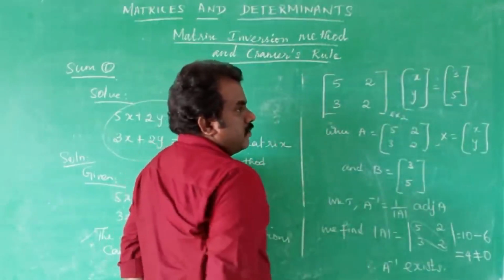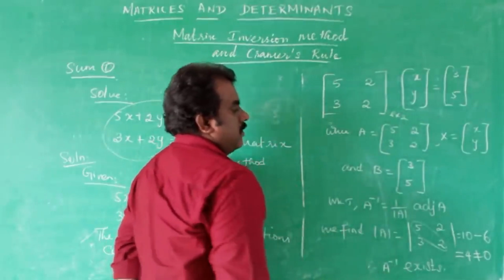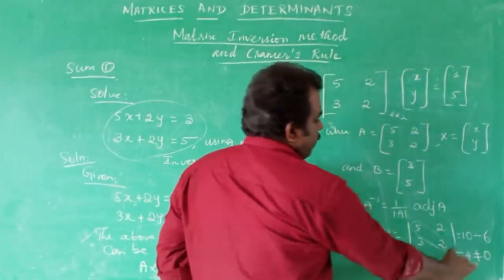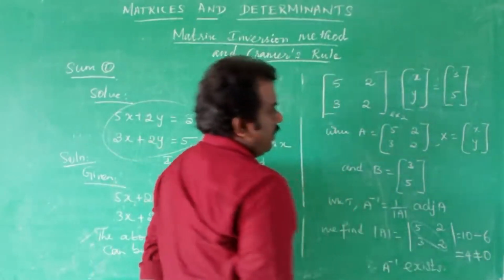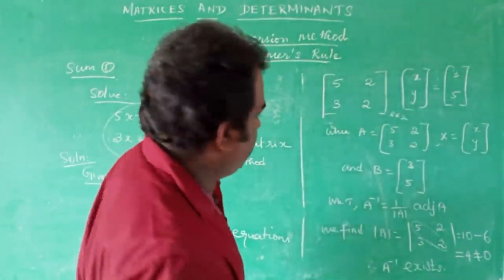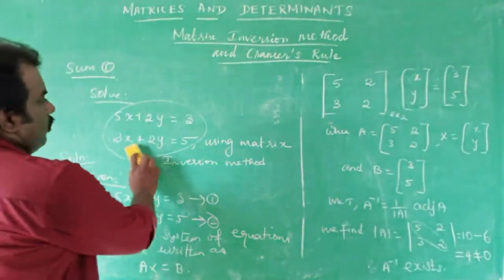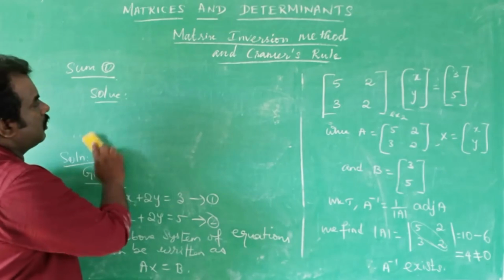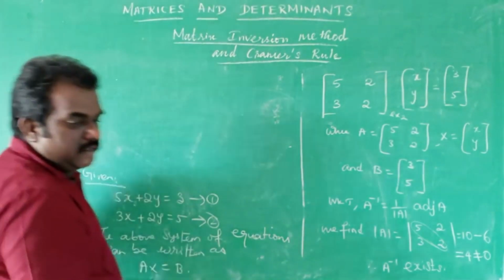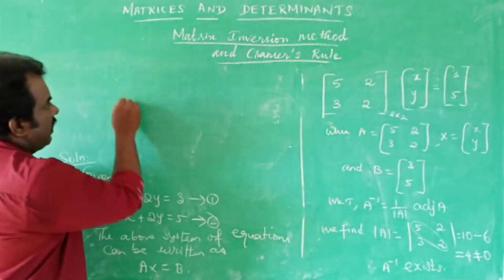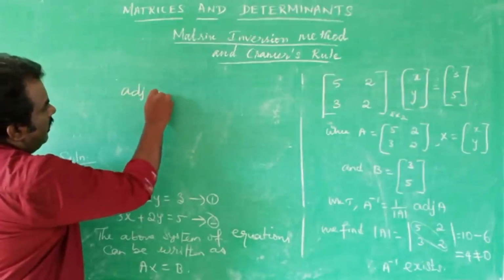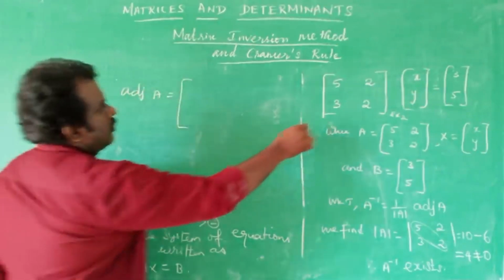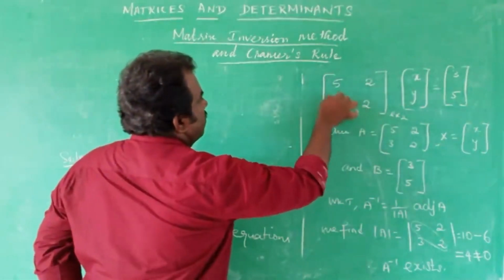If the given square matrix is non-singular, then A inverse exists. Here the determinant A is not equal to 0. Therefore, A inverse exists. And next we can go for adjoint A. Already I explained how to get the adjoint value directly from the 2 by 2 matrix. So I am going to write the adjoint A directly from the given matrix. This is the A matrix.